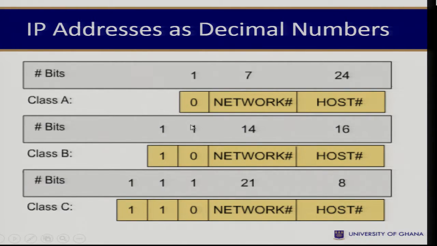Now, the first bit is actually not used, so you actually have only 7 that is left for the network, and 24 in this area. Again, in class B, if you have a 1 and a 0 here, then the network number is here. This one gives you the network number, and this one gives the host number. And the same applies for class C.